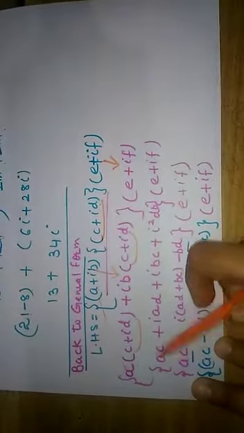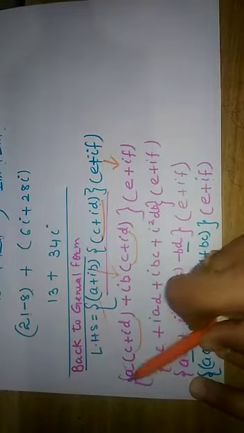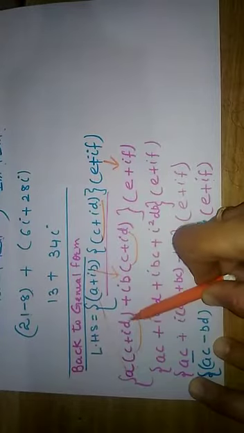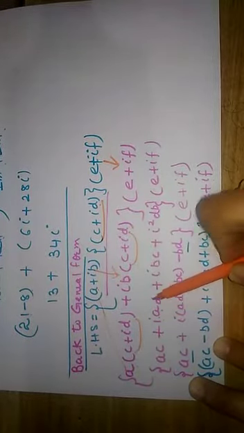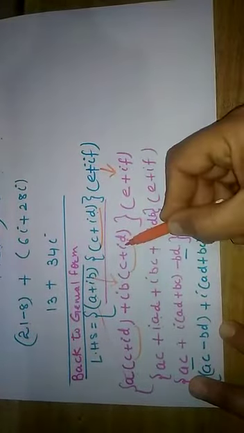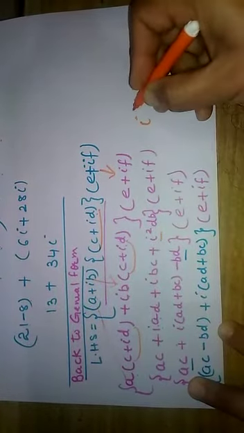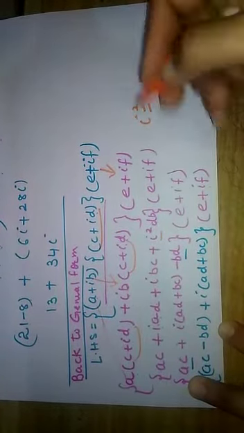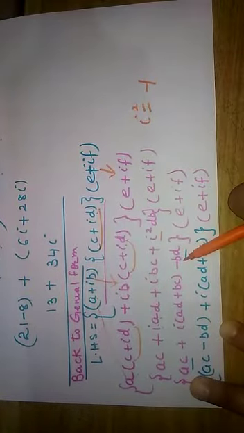First I will multiply these two complex numbers. So a multiplied by c, a multiplied by d with iota also there, and in this way I'm getting iota square. See, iota multiplied by iota will give me iota square, and replacing iota square equal to minus 1, after replacing I will get minus bd.